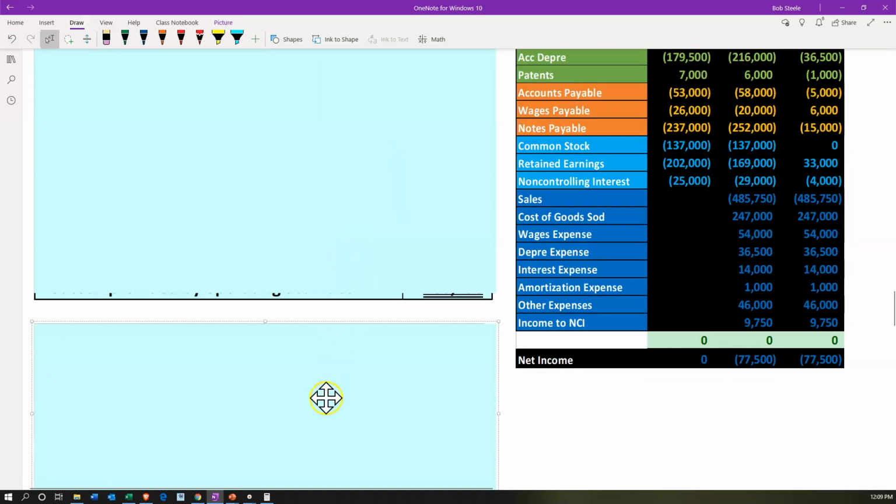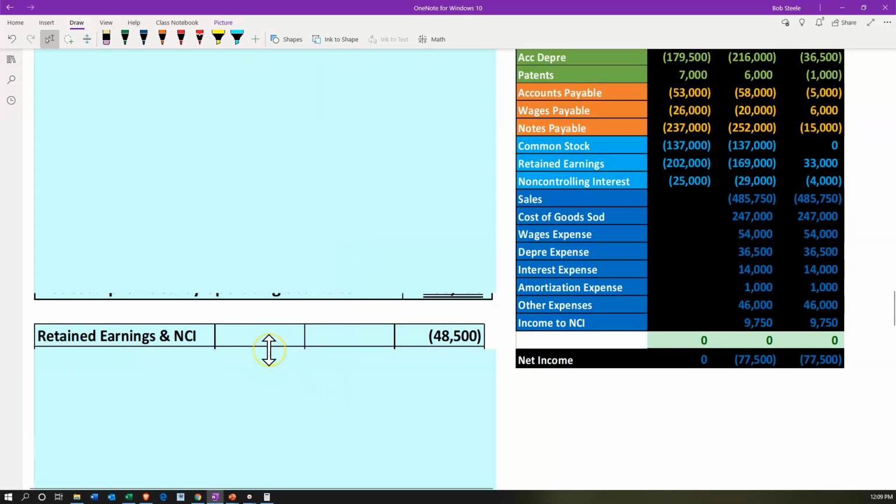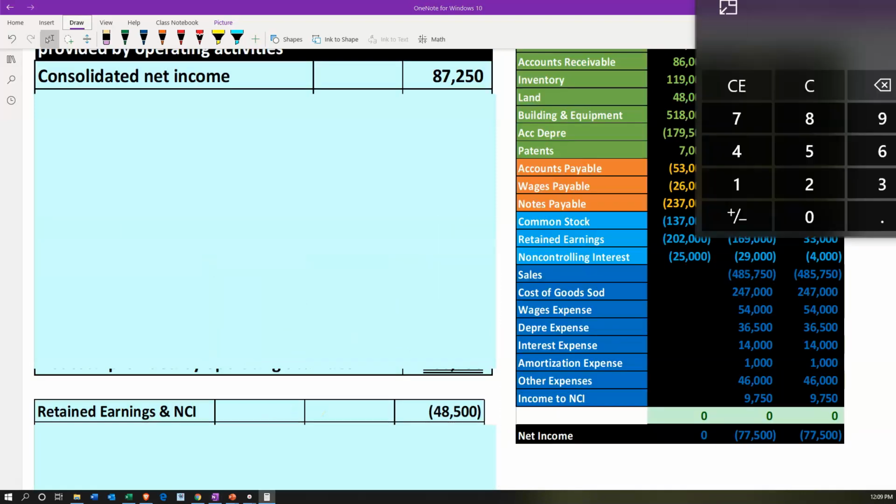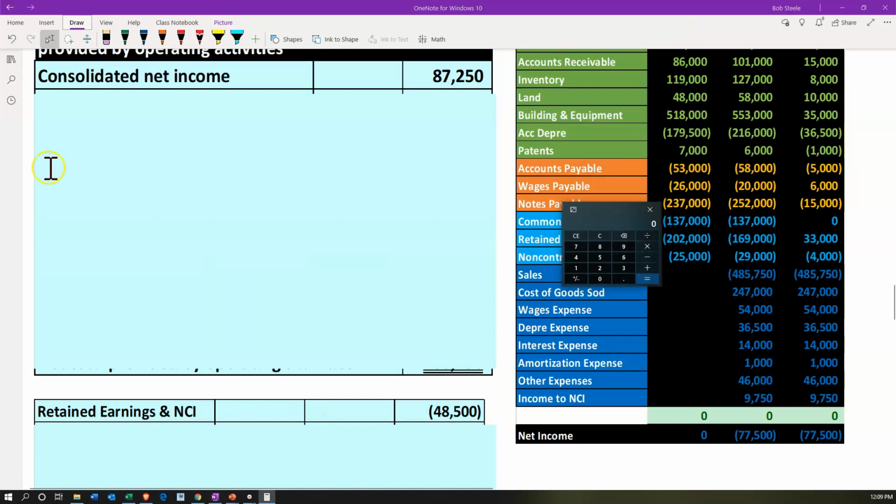But let's think about that entire amount, that entire difference. Let's pull out the calculator here, and say, okay, what if I took this 33,000, I'm taking these numbers to the right, minus the 4,000, minus the 485,750, plus the 247,320, plus the 54,000, plus the 36,500, plus the 14,000, plus the 1,000, plus the 46,000, plus the 9,750, which is going to be this 48,500.